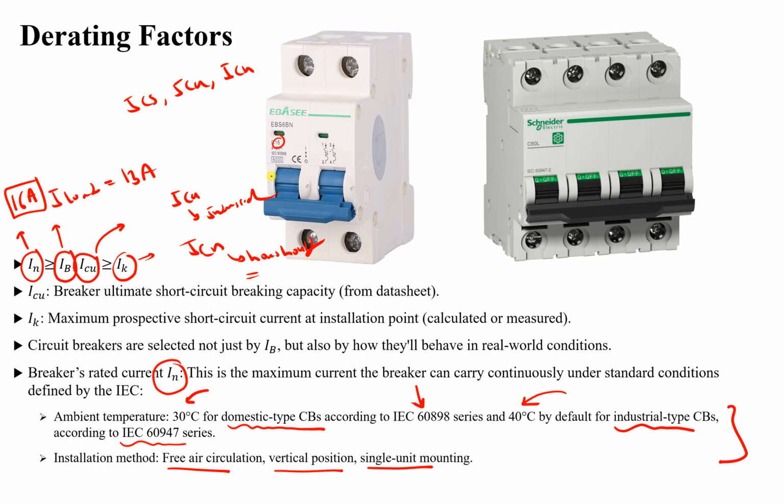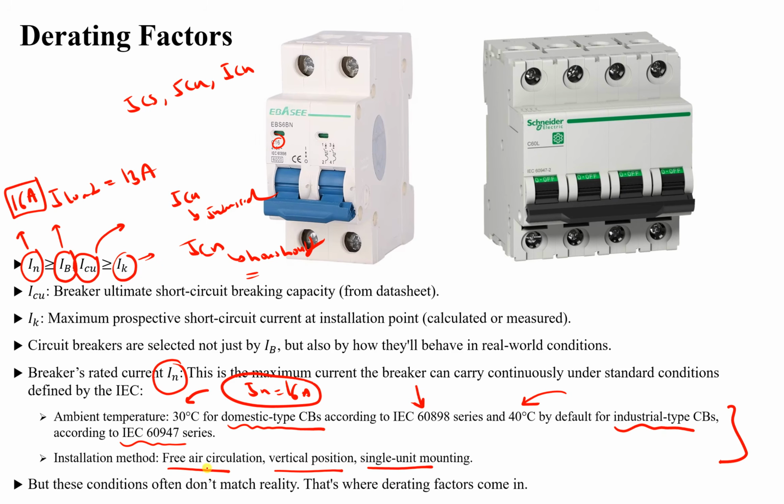So for example, when we say IN equals 16 amperes, it means our breaker will give us this rated value at these conditions. However, in reality, these conditions don't actually occur. For example, in some cases we have our distribution panel with several circuit breakers side by side, and each breaker gives off heat energy.